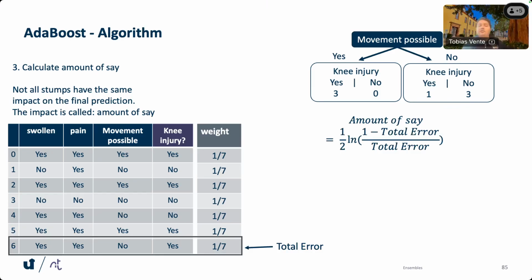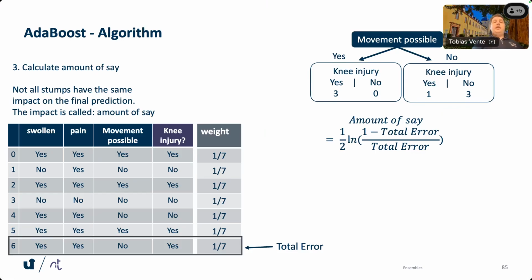The way we do it is: when we have the decision "movement possible," the left branch is yes, the right branch is no. Then we see, if movement possible is yes, how many times our label column is also yes. And if movement possible is no, how often is the label column for these data points also no?